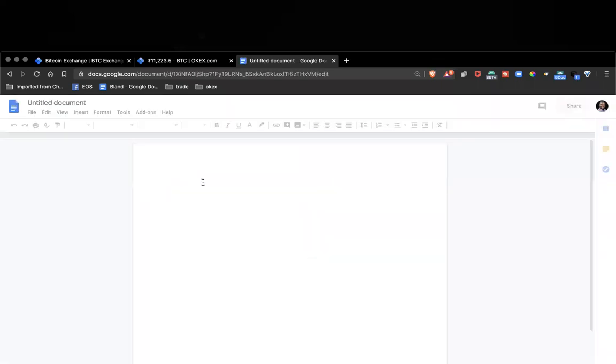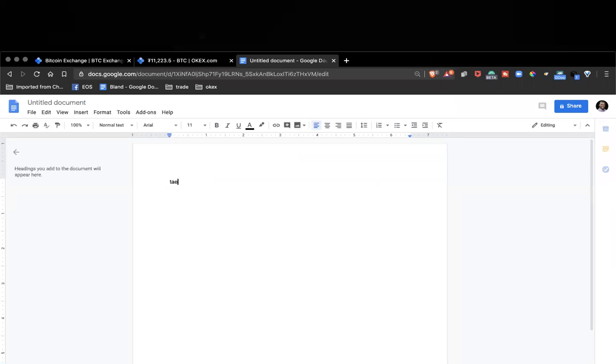So generally speaking, we have TAE. We want to look for the trend of the market. You want to look for an area of value, and you want to look for an entry trigger. So those are the three things you are looking for when you want to make a trade.